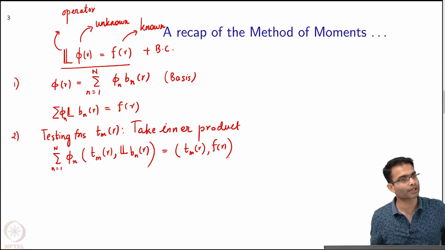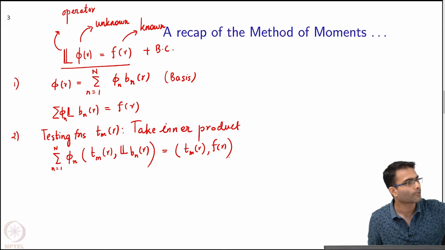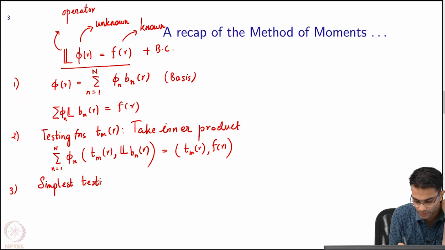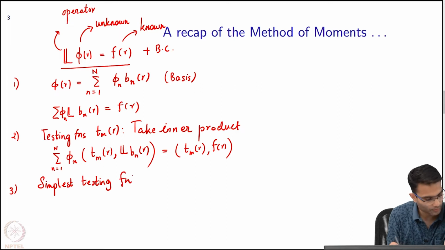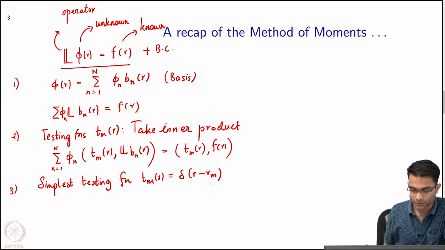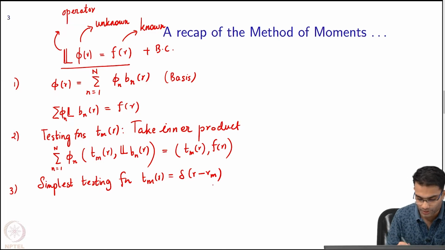Then what was the simplest kind of testing function that we considered? Delta, right. So, then if you take the simplest testing function, T m of r is equal to delta of r minus r m, that is how I wrote it, right. So, this inner product and all of this stuff, what does it boil down to?